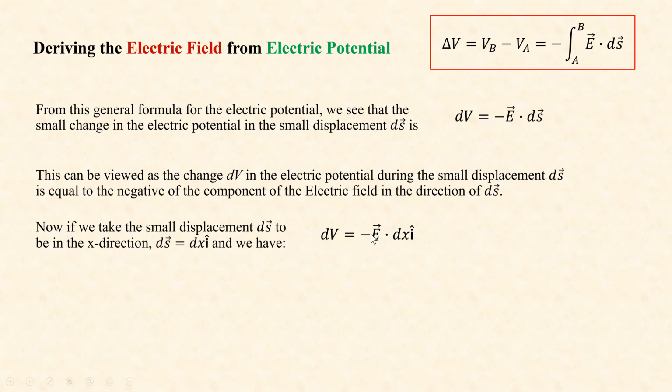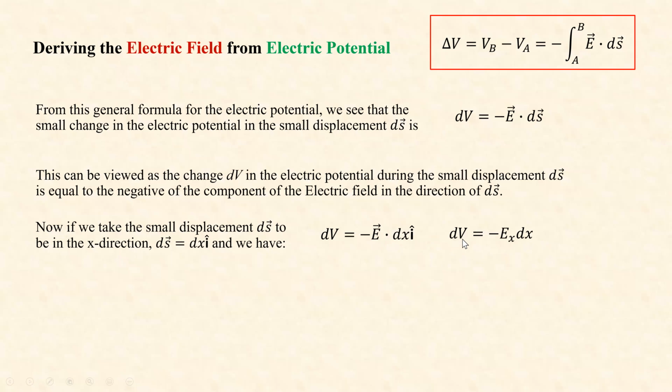So if you do a dot product of E by i hat, what do you get? This E has 3 components, Ex i hat plus Ey j hat plus Ez k hat. The dot product of j hat dot i hat is 0, k hat dot i hat is 0. The only part that's not 0 is i hat dot i hat, and that has a coefficient Ex. So this becomes negative Ex times dx, right? dV is negative Ex times dx. And therefore, Ex is negative of dV over dx.